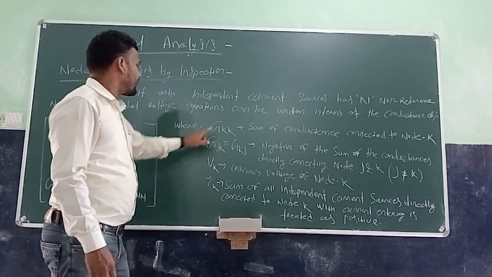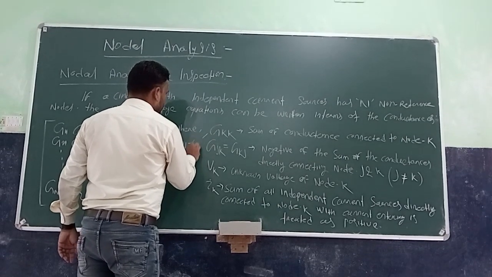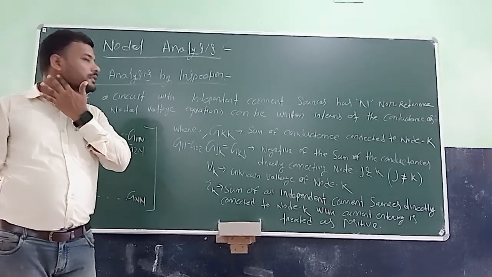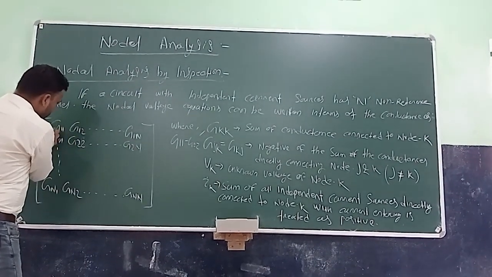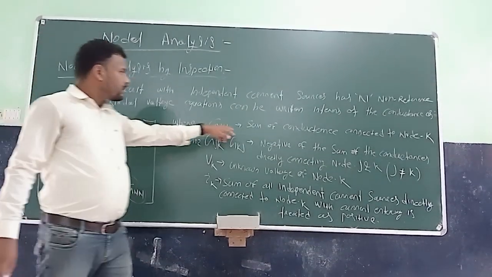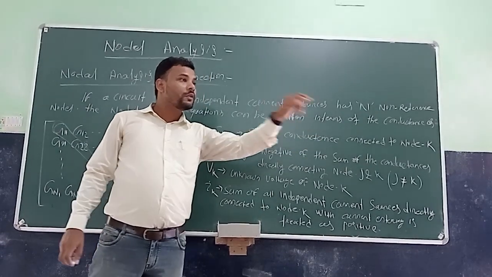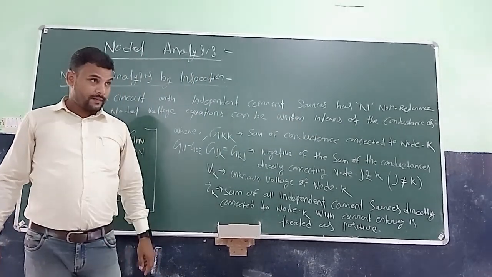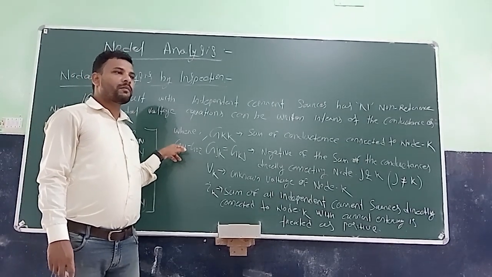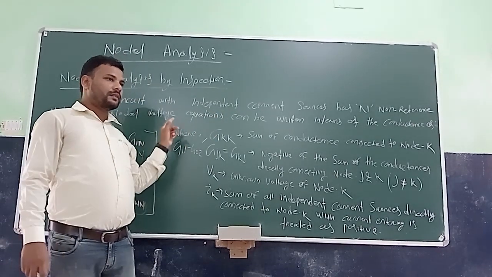Here GKK means G11, G22. These are the diagonal values. GKK is the sum of the conductances connected to node number K. That means G11 is the sum of conductances connected to node number 1.